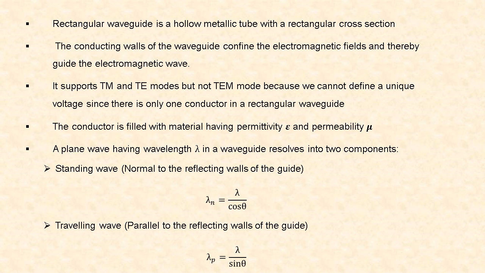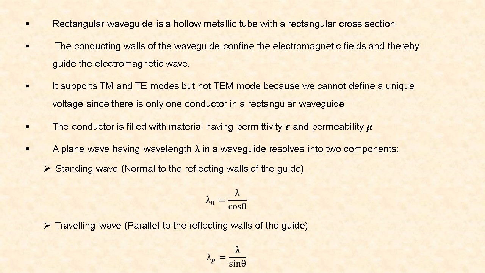This rectangular waveguide supports TM and TE modes, that is transverse magnetic and transverse electric modes, but they do not support TEM mode, that is transverse electromagnetic mode, because we cannot define a unique voltage since there is only one conductor in this rectangular waveguide. The waveguide is filled with material having permittivity epsilon and permeability mu.